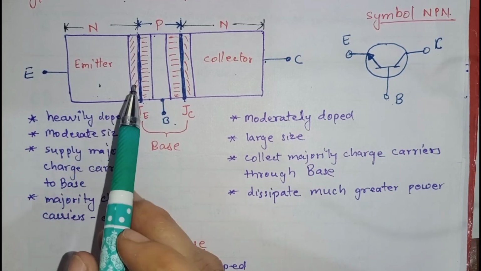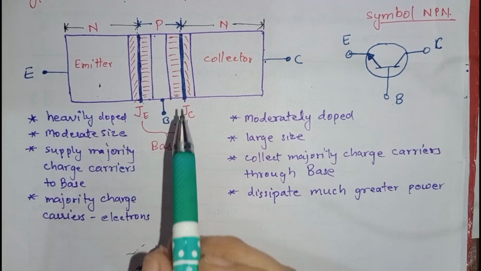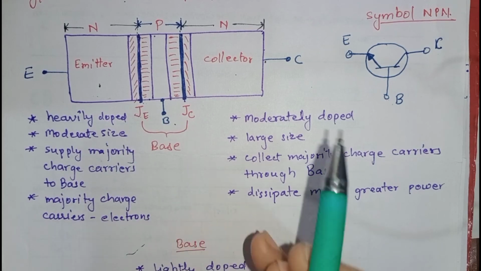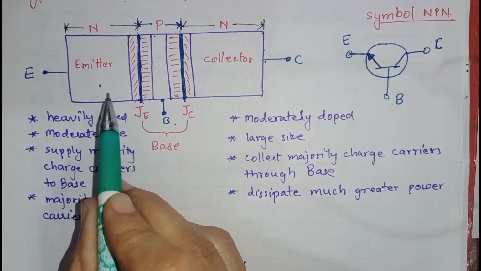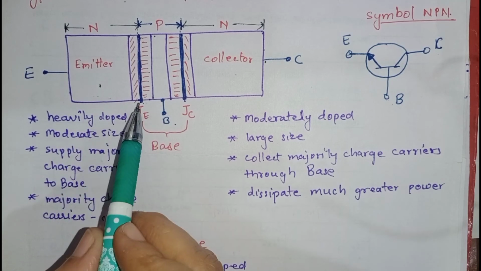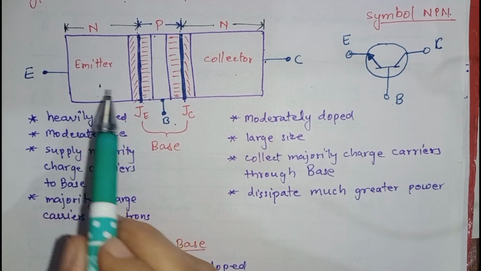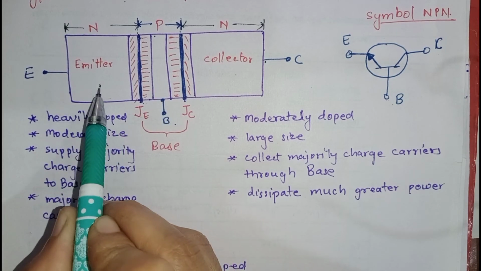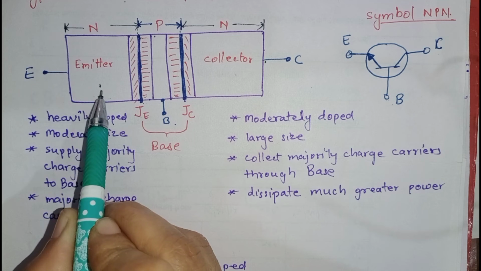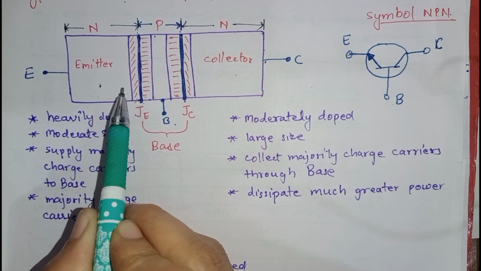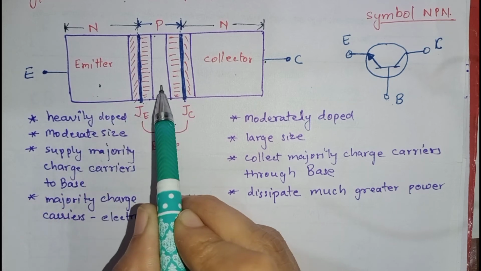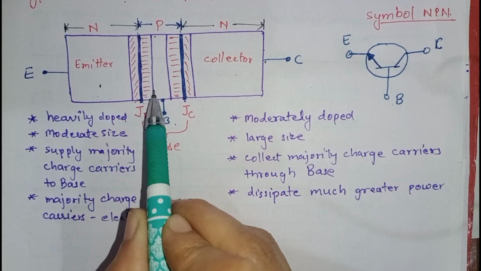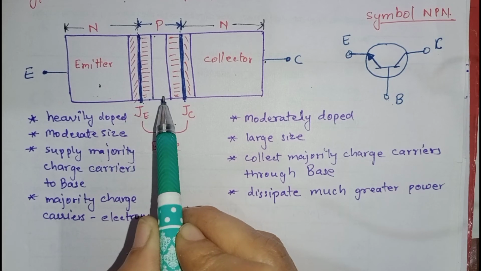Now we will talk about the penetration of the depletion region at both junctions. In case of emitter base junction, the depletion region is less in the emitter side and deeper in the base side, because the emitter has heavy doping, so penetration of the depletion region will be less here, and the base has light doping, so it will be deep in the base region.